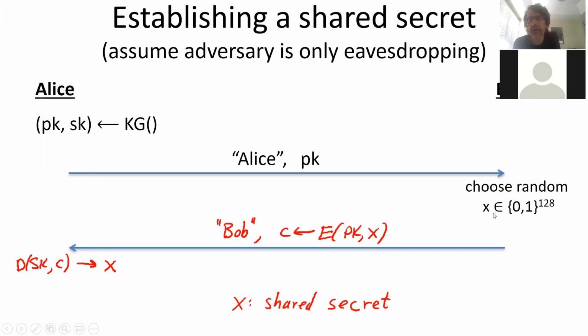Bob encrypts a random key, X, under the received public key. Alice decrypts the received ciphertext under the corresponding secret key and gets the random key that Bob chose. This key X is the key that both Alice and Bob output.